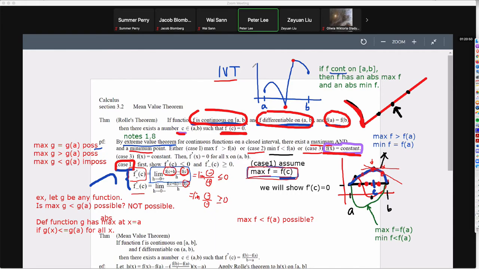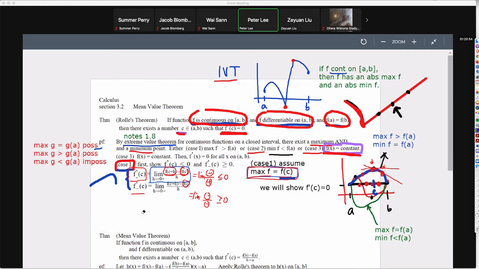So let me save this, and now let me erase some of the stuff here. But now, what is the assumption? We assumed that f prime at c exists.